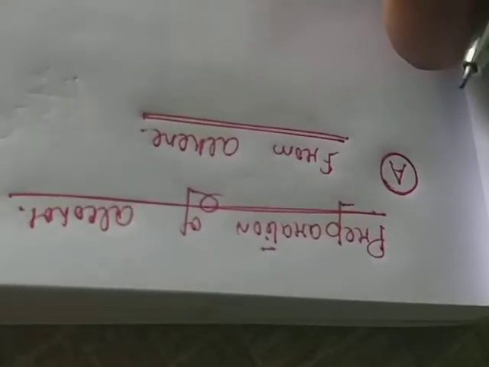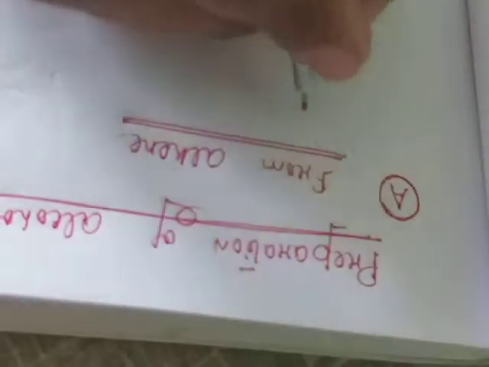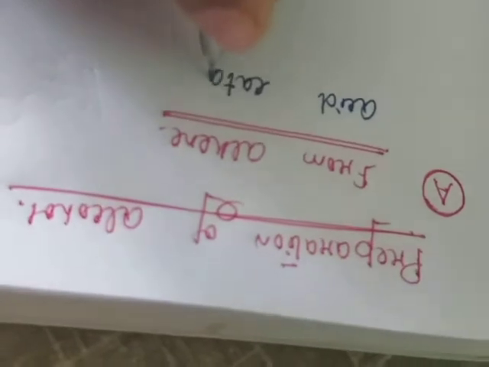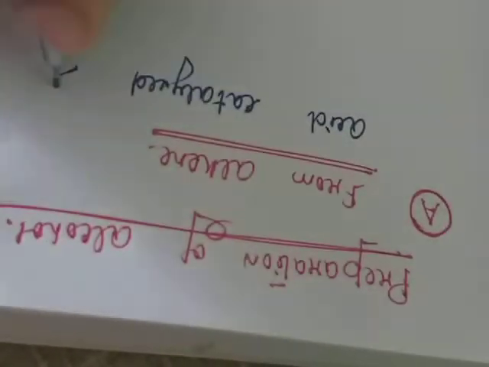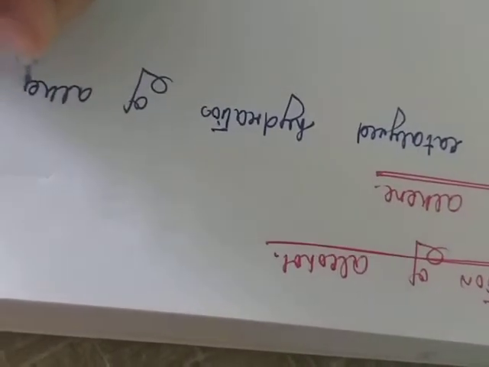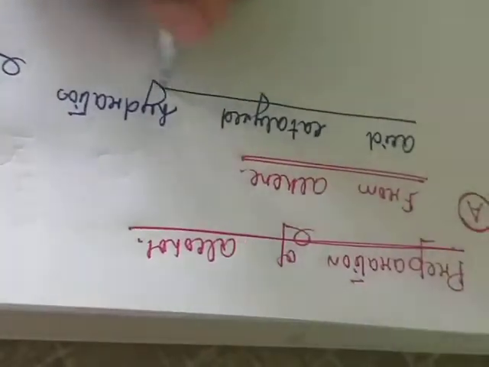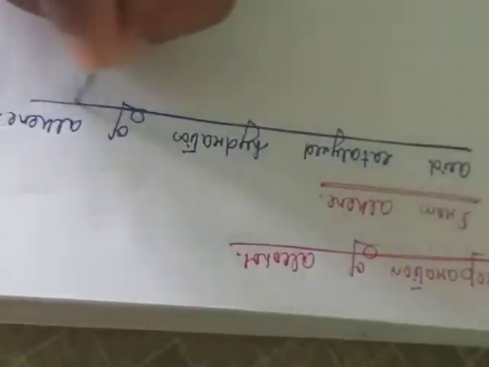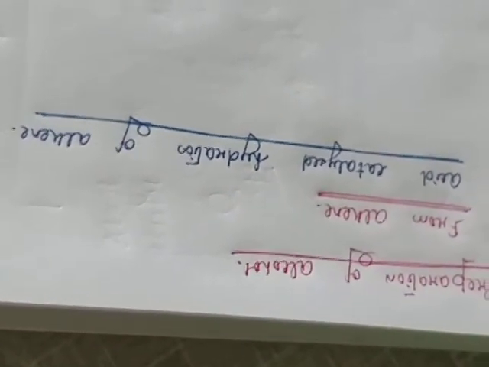Preparation of alcohol. The first method is from alkene. From alkene, it is actually acid catalyzed hydration of alkene. This addition occurs according to Markovnikov's rule.